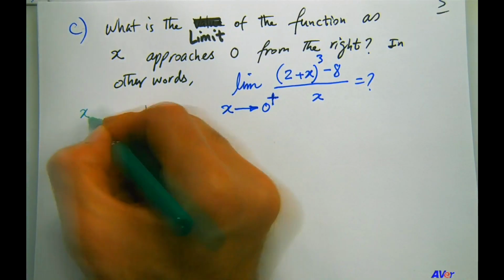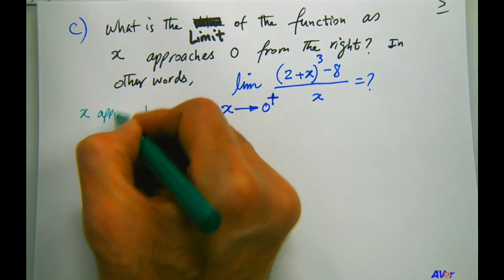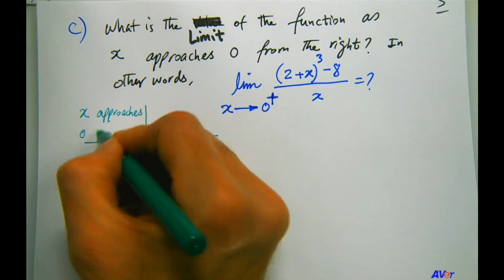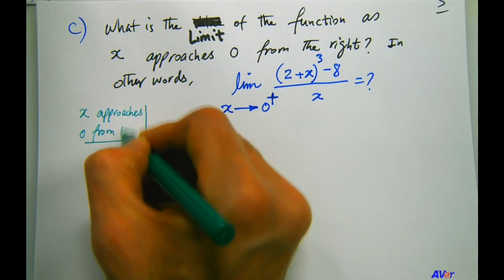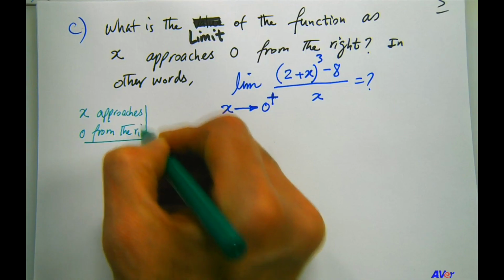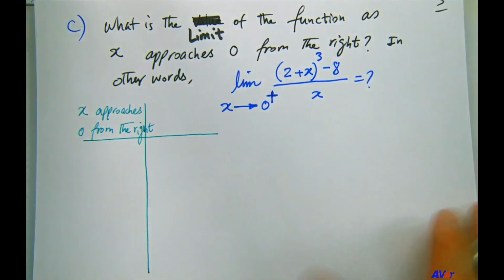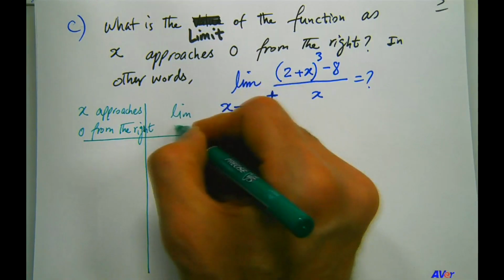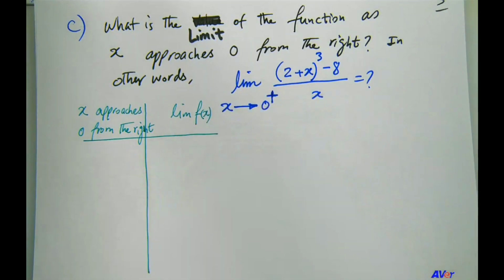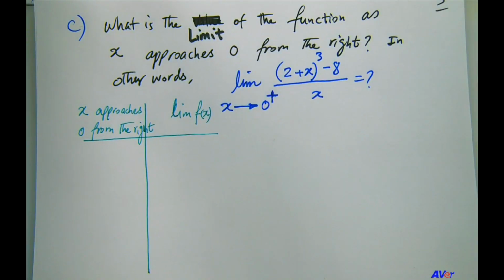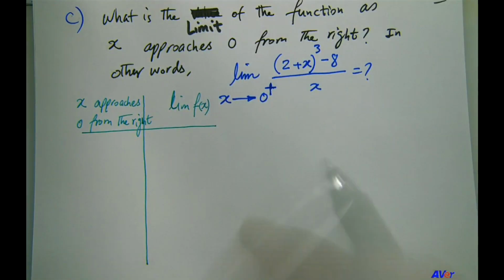So x approaches 0 from the right, and we're looking at the limit of the function f of x. That's my L, I hope it doesn't look like E, but that's L-I-M.